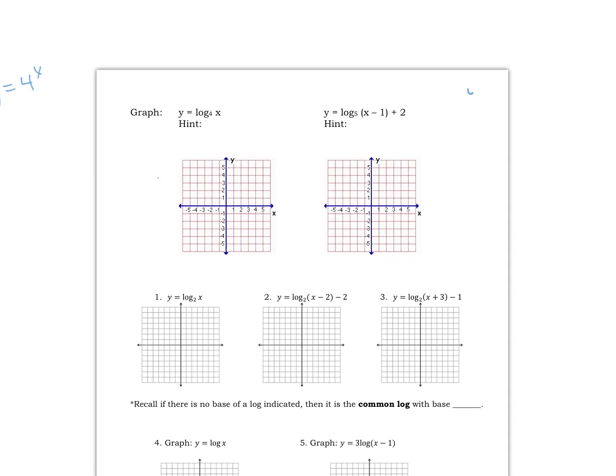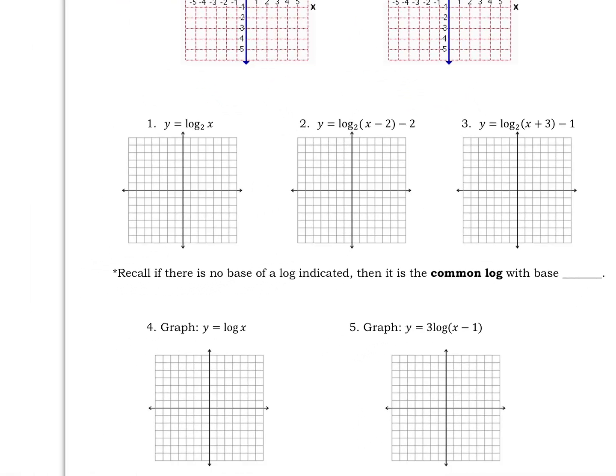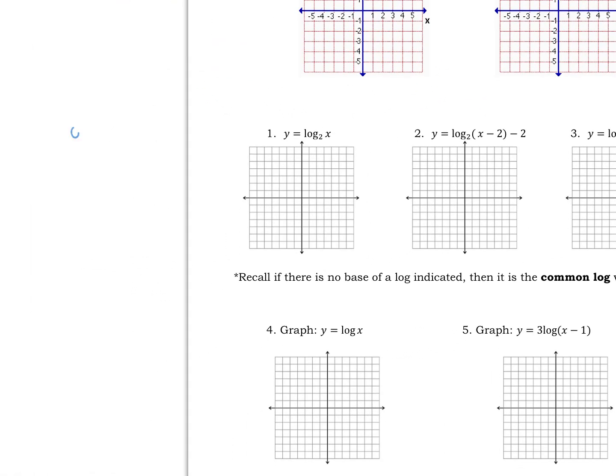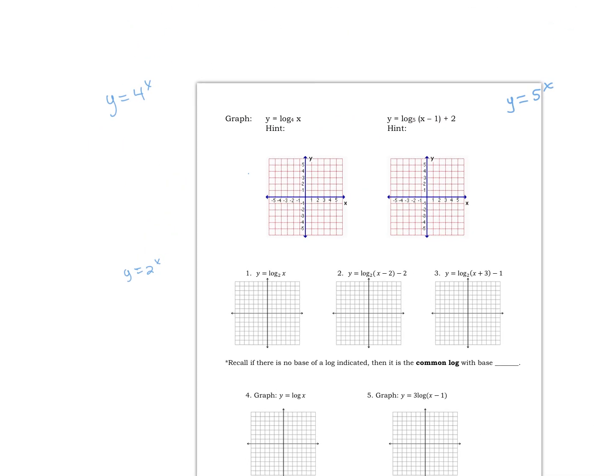For this one, y equals 5 to the x. And for all three of those going across, we're going to do y equals 2 to the x. So go ahead and complete those tables. And then we're going to talk about flipping and actually graphing, okay?